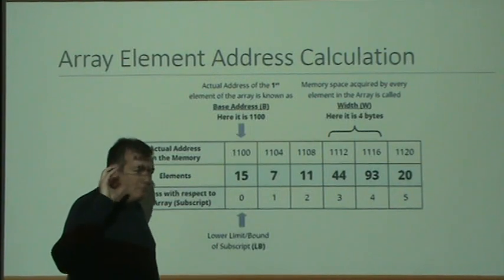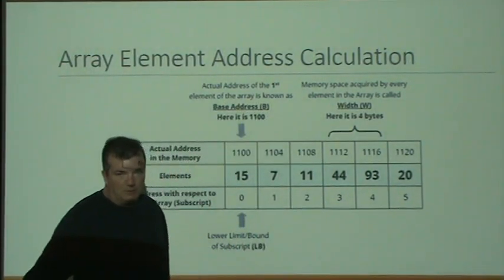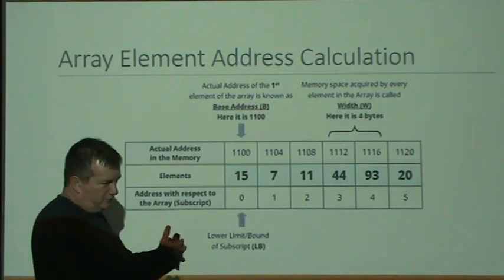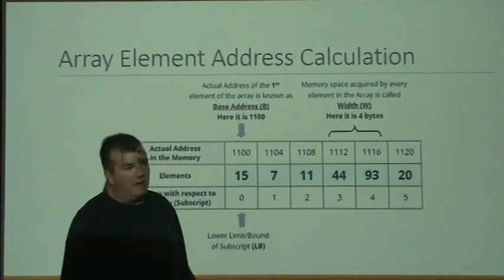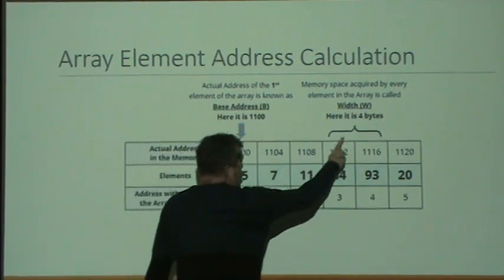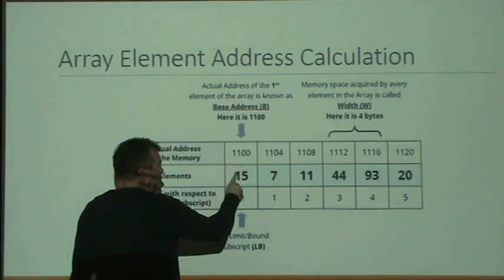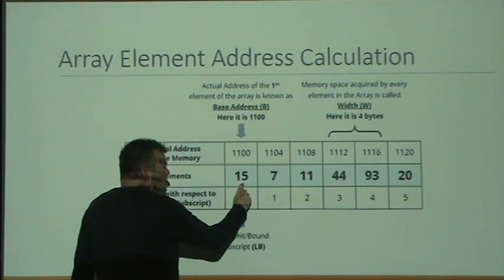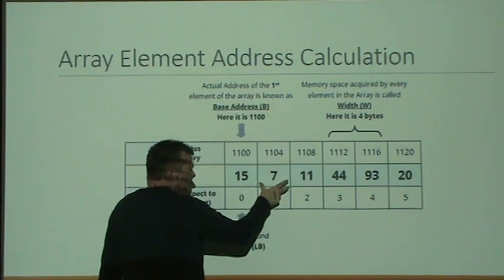Now suppose in your computer's memory, which has storage that is allocated at the time your program is running, your computer said, all right, we have a chunk of memory starting at address 1100, and we're going to store your array at that location. And let's say, for example, there are 4 bytes for each of the numbers. So if your first element goes at memory location 1100, and it's 4 bytes long, the next one is going to be at address 1104. And then we put a 4 byte value there.